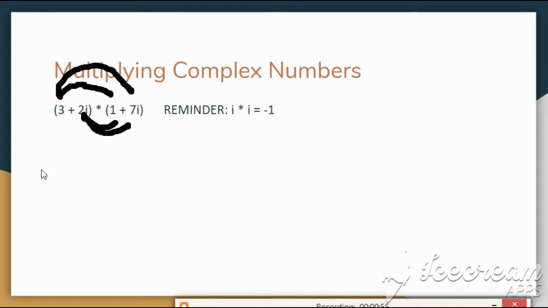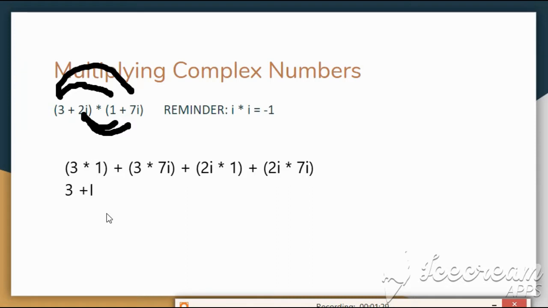So if we write out all these multiplication equations that we had, it's going to give us 3 times 1 plus 3 times 7i plus 2i times 1 plus 2i times 7i. Now we basically have to work all of these out, and then we'll add the like terms together in the end. So 3 times 1, that's simple, that's just 3.